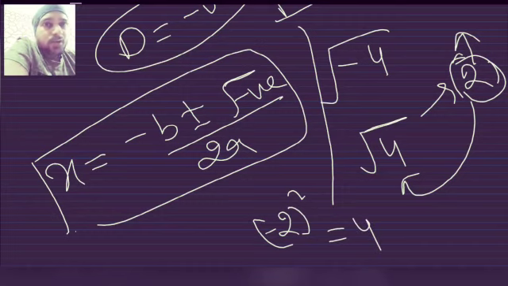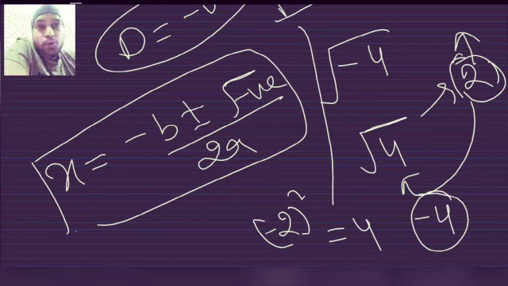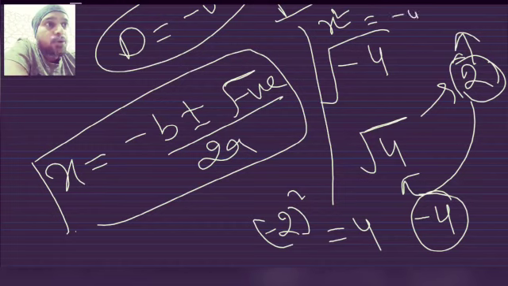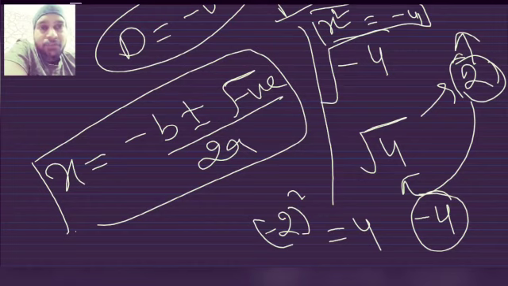But can you imagine a number whose square becomes equal to minus 4? There is no real number whose square can be equal to a negative number, because when you find the square of any number, whether it is negative or positive, you are going to get a positive number. Why so?